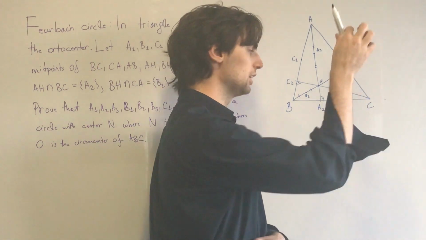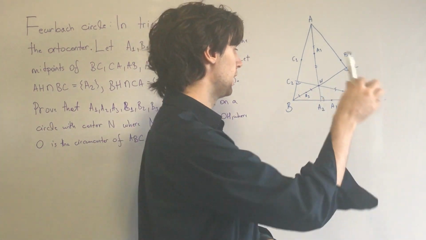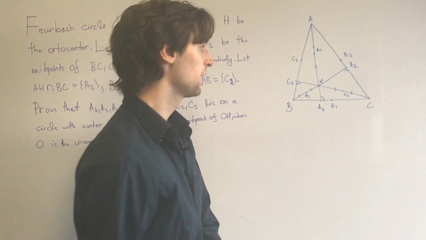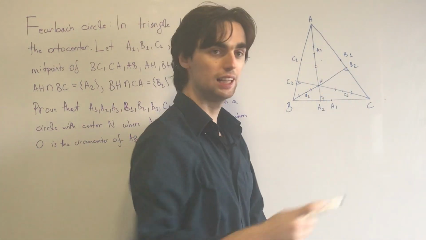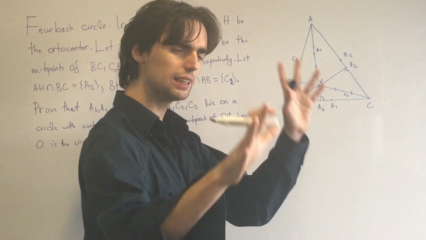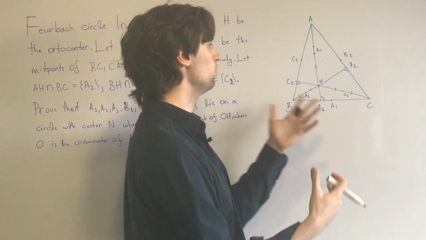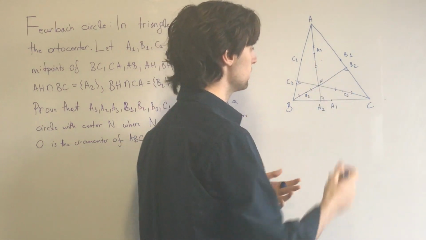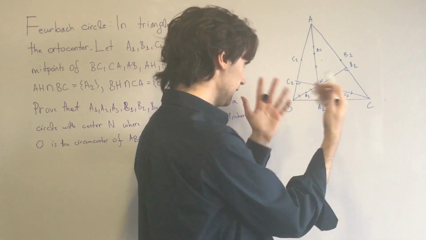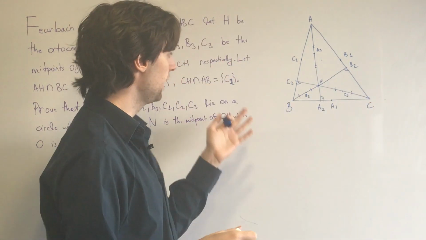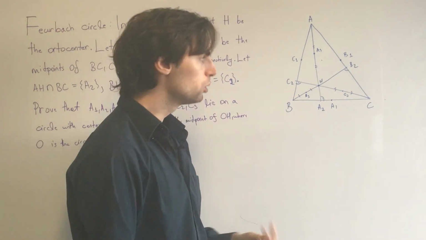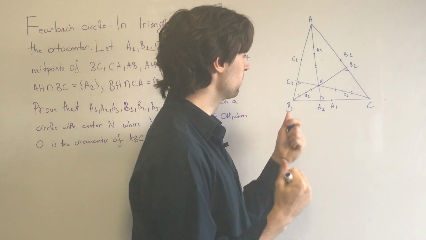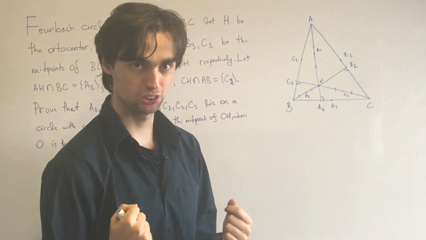Because if A1 lies on that circle, then B1 and C1 also lie on that circle. And if A3 lies on that circle, then we have two other points. So that's the thinking why I would choose these three points. You could also choose any triplet of A_i, B_i, C_i. I just feel with these, I have something more tangible to start off with.